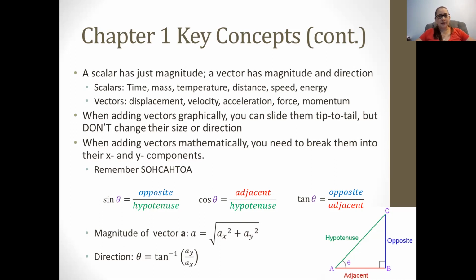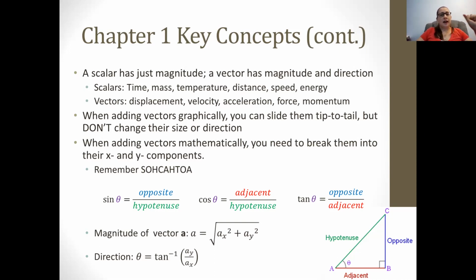Vectors, on the other hand, are quantities that have a size, a magnitude, and a direction, right? So if speed tells us how fast we're going, velocity tells us how fast we're going in a certain direction, right? So speed would be our scalar, velocity would be our vector.